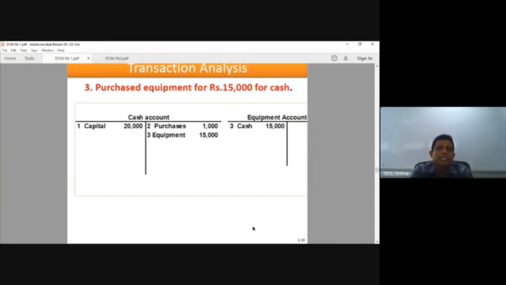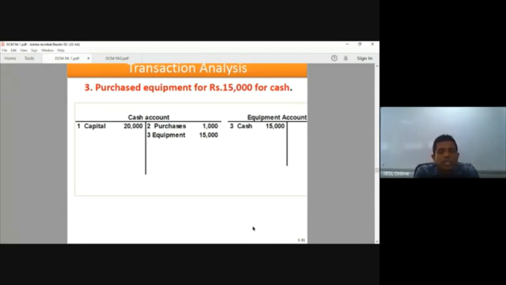Then transaction number 3. You purchase an equipment for 15,000 by paying cash. Don't look at the answer. Imagine yourself what account to be debited, what account to be credited.